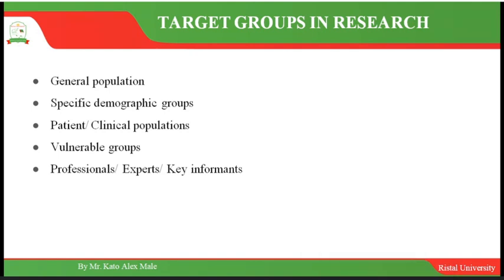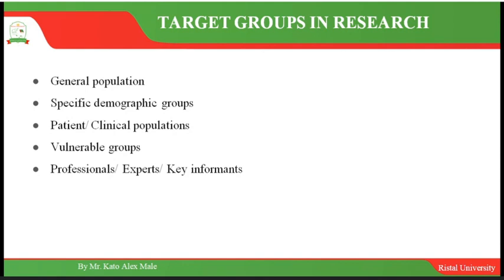However, I'm considering all the individuals in that area, whether vulnerable or not, at high risk or low, aged or young, male or female. That research will consider all categories of demographics in that population. That's what we mean by general population as a targeted group.